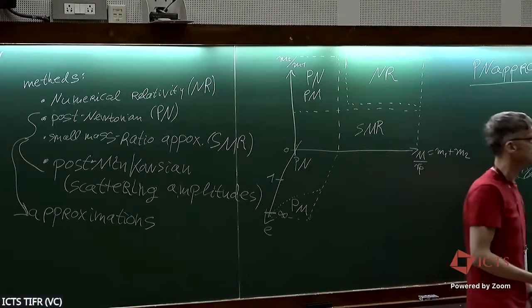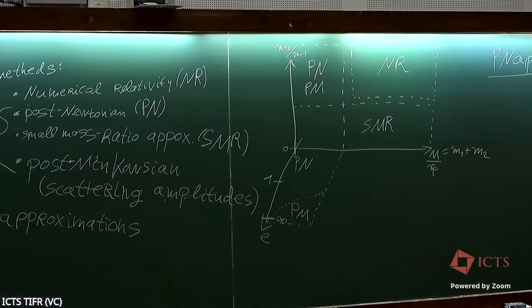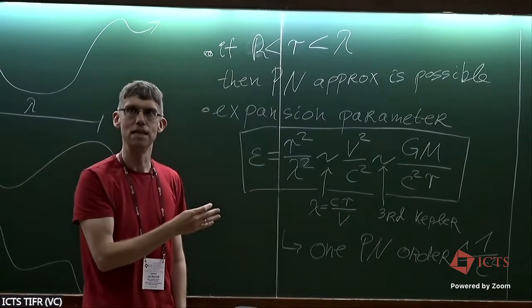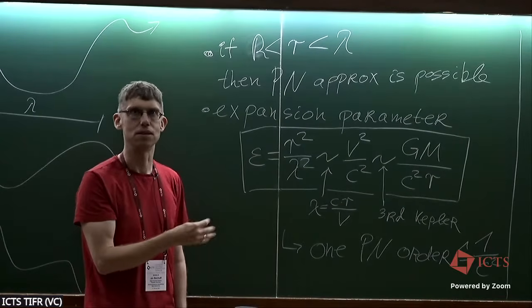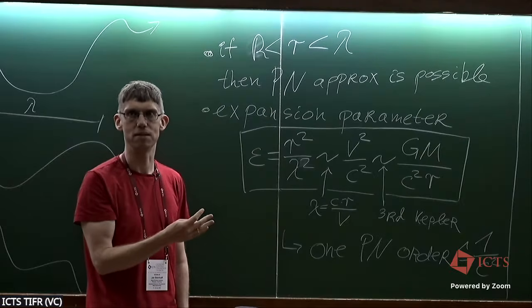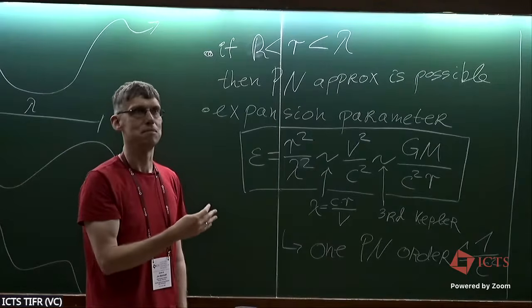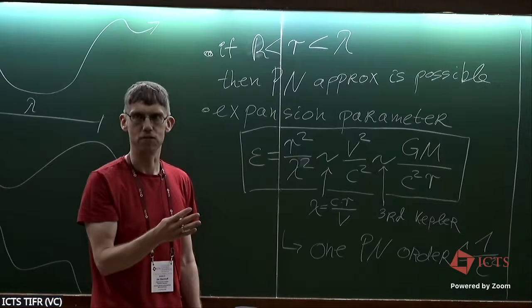So the approach works a bit differently, but people are also trying to apply effective field theory methods and quantum field theory methods to the small mass ratio approximation. But it's harder, because the tools from quantum field theory are not fully adapted to that problem. Or let's say the setup is a bit unusual for particle physics, right?